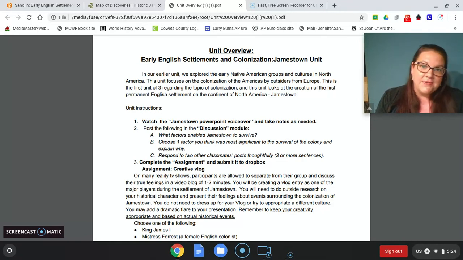Some students need notes, some students don't. It's really their choice. The second thing for them to do is a discussion. For their discussion, they have to answer two parts of a question. The first part being, what factors enabled Jamestown to survive? And part B, choose one of those factors that they think is the most significant that helped the colony survive.